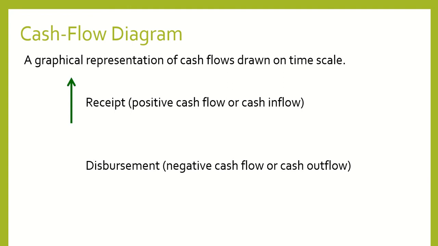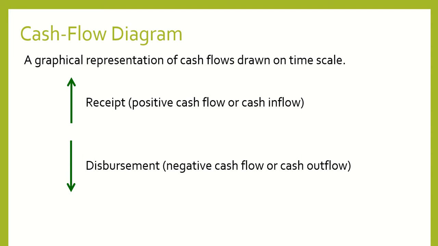We have an arrow up. When we say arrow up, that is a receipt or a cash inflow. So for example, if I will be receiving money, and I draw a cash flow diagram, that would be drawn using an arrow up. If you would be spending money, you will use an arrow down.